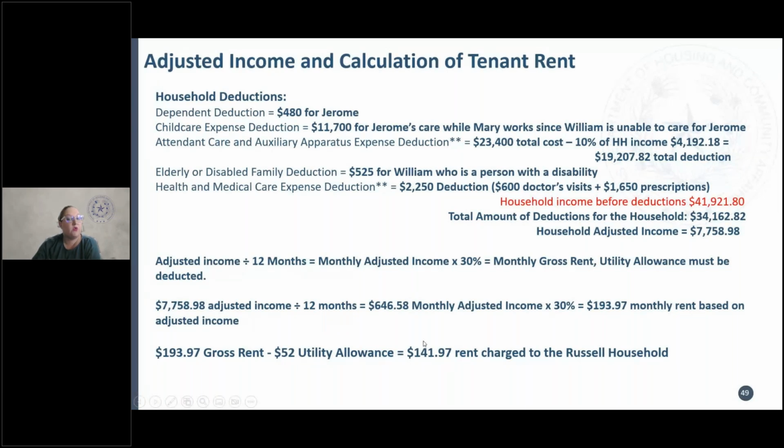You would probably charge $141. You can't add the 3 pennies to go up, but you can take away the 97 cents to go down. So their rent would be $141 per month based on their adjusted income.